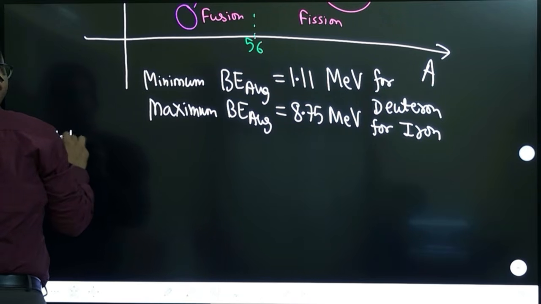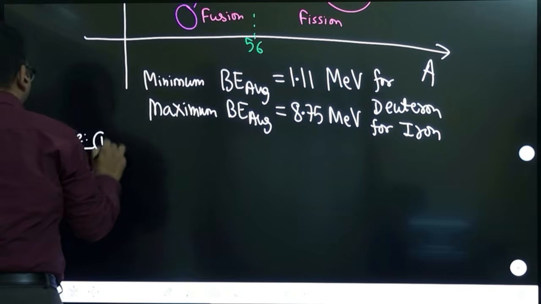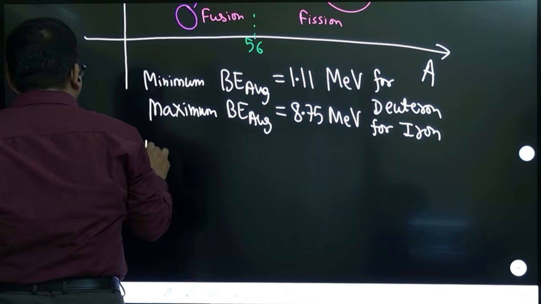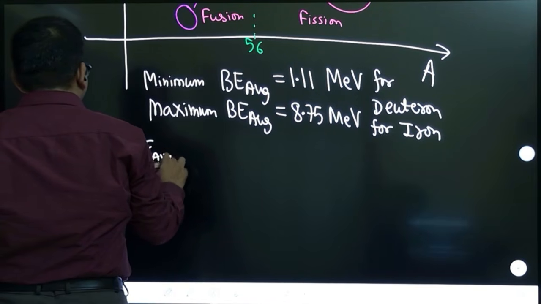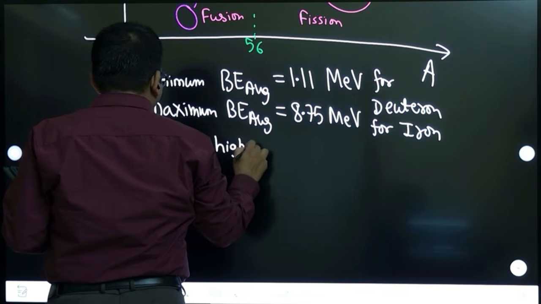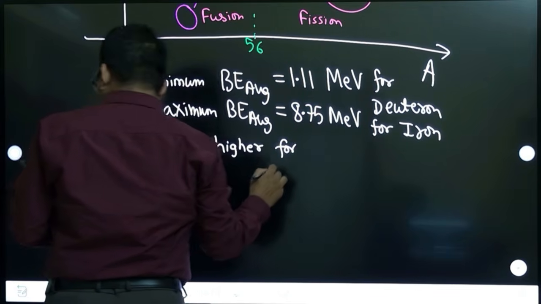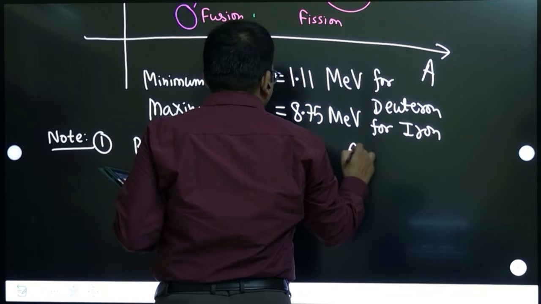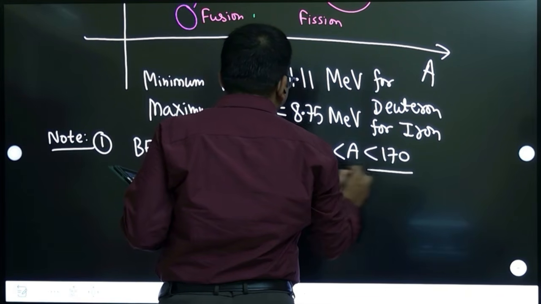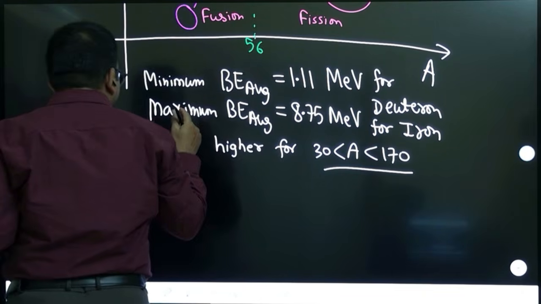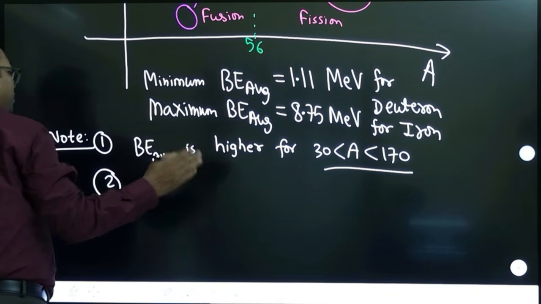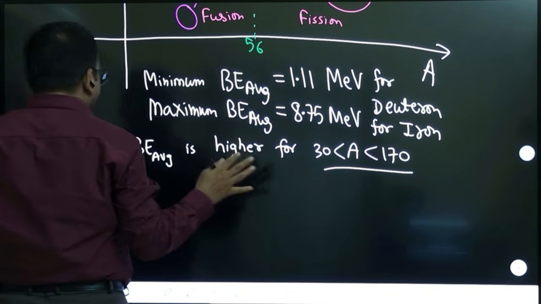Note, point number one: average binding energy is higher for mass number between 30 and 170. From this graph, I have not shown everything here, so I am writing these important points: average binding energy is higher in this range of mass.